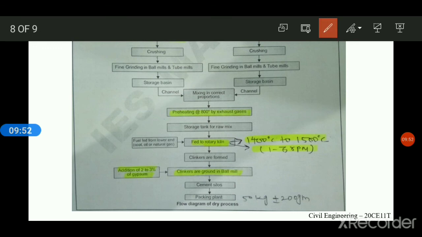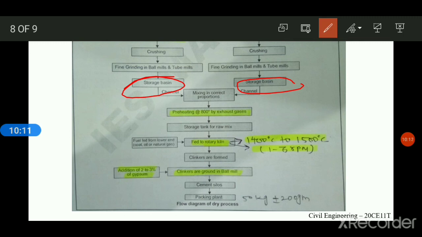After crushing, fine grinding in ball mill, tube mill. After that it is stored in a storage basin.